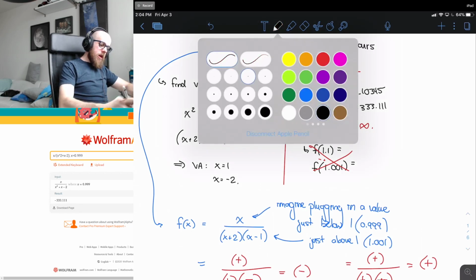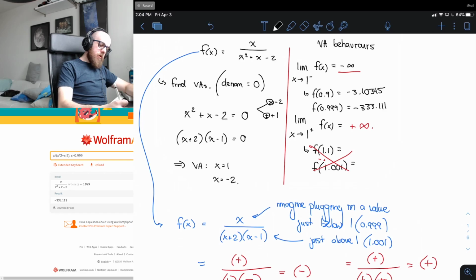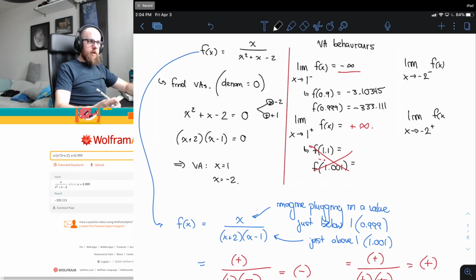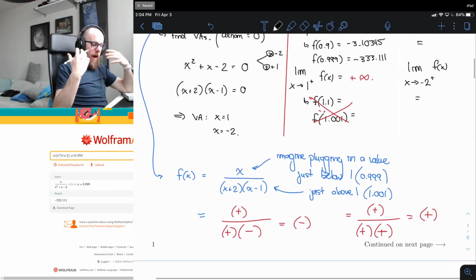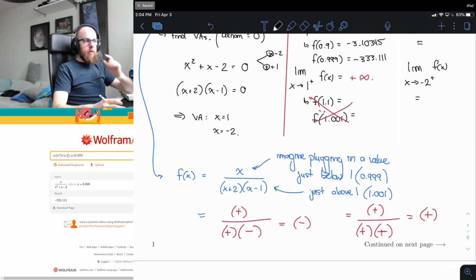Now let's figure out the other set of vertical asymptote behaviors: the limit as x approaches -2 from below, and the limit as x approaches -2 from above. Let's do the same kind of idea here. We could do this with test points, which is time consuming, but we could do it. Or we can imagine plugging in a value, which is a little easier.